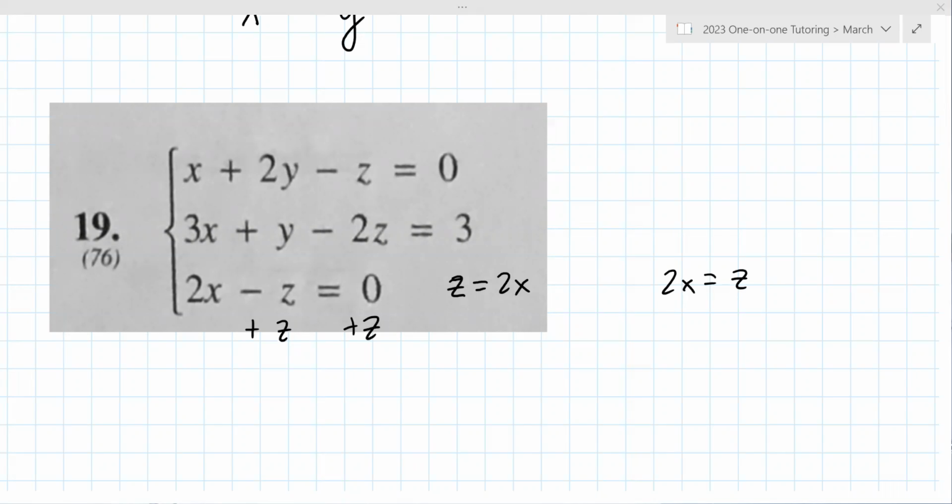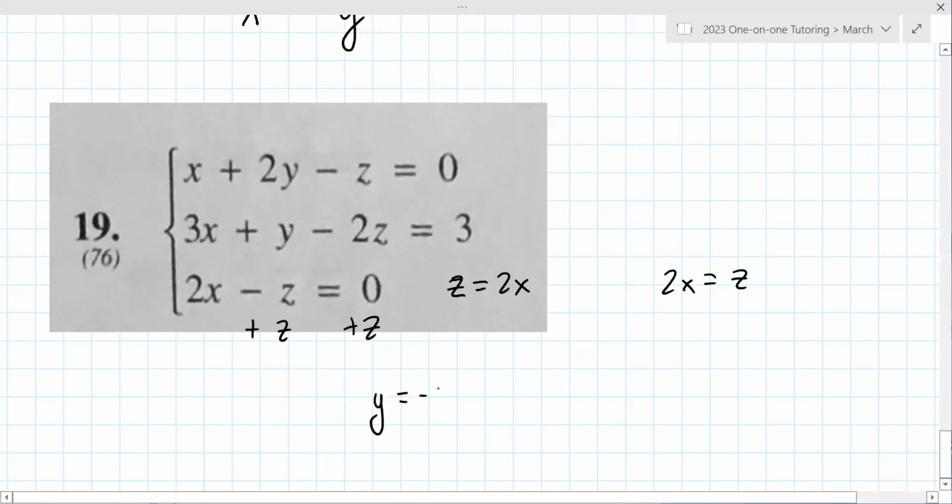y equals -3. Yes, that is correct. Okay, keep going.